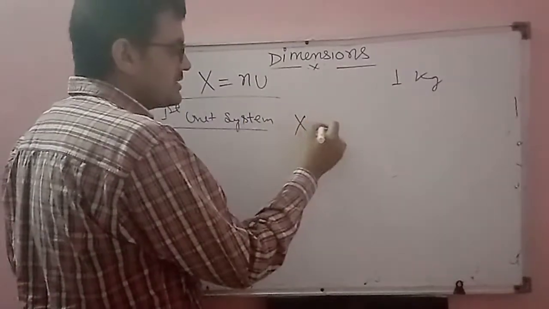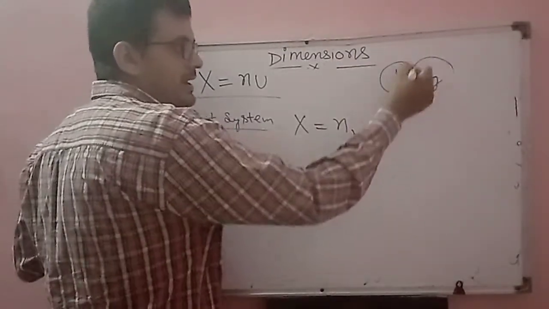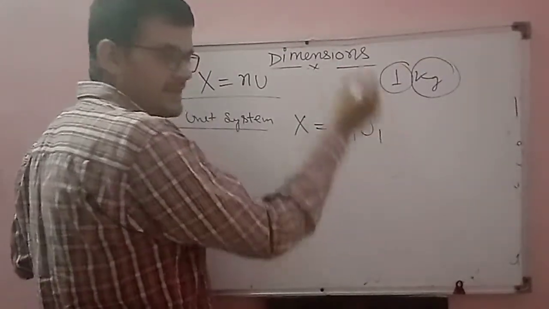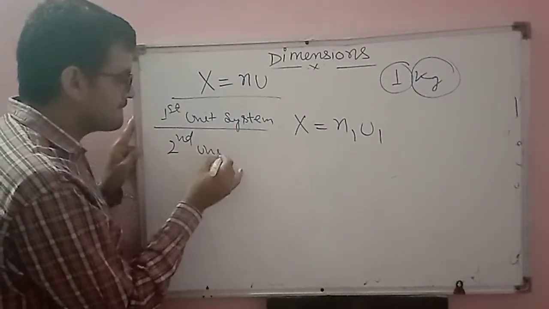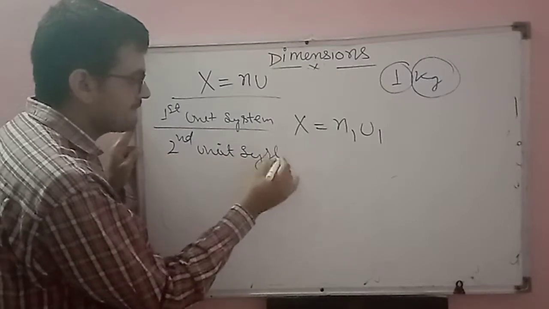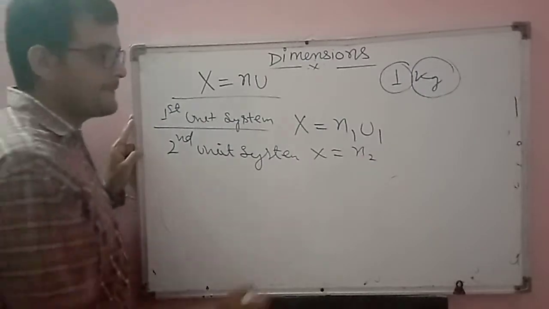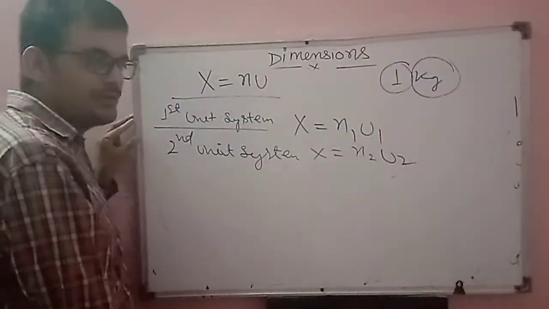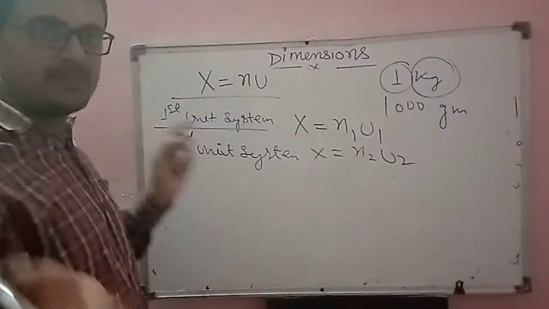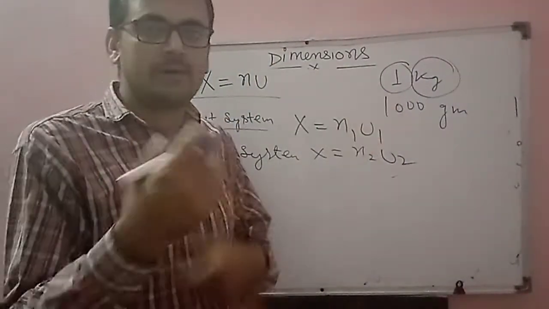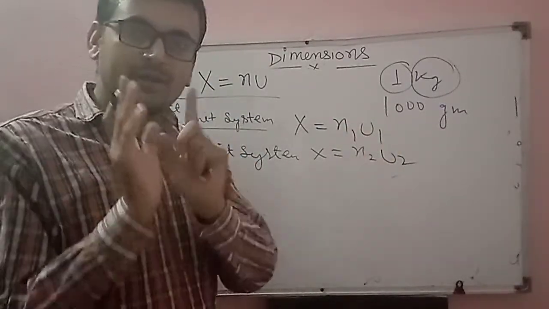This quantity x is represented by numerical value n1 and unit u1. Very simple. In the second unit system, its numerical value is n2 and unit is u2, meaning 1000 gram. I gave you the example that two people went, one said, brother, give me 1 kg sugar, the other said, brother, give me 1000 gram sugar.